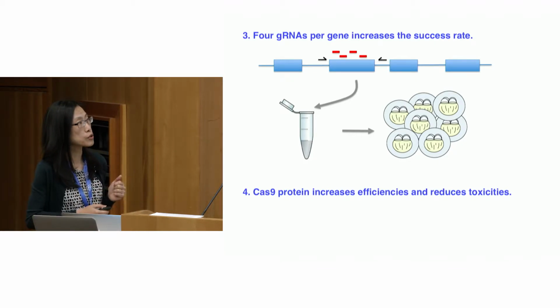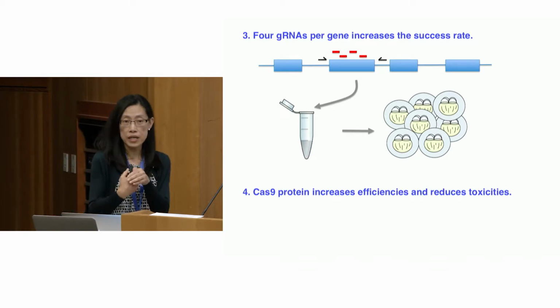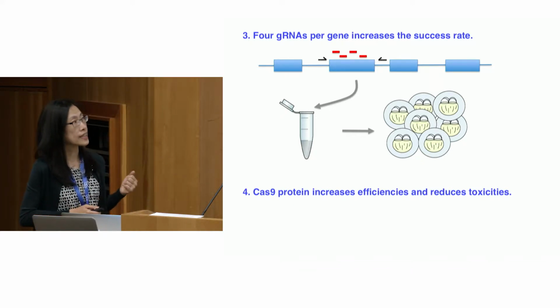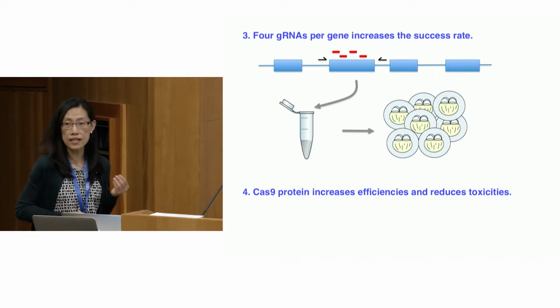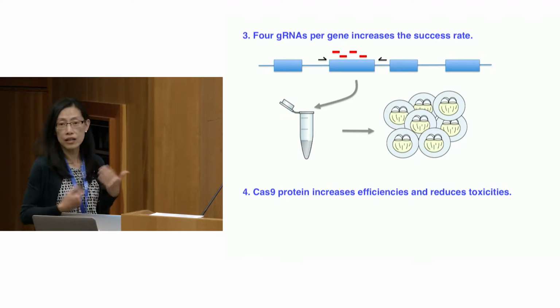We now start to use Cas9 proteins and co-inject this guide RNA protein mixture into embryos because we do find that Cas9 protein injections can not only increase efficiencies, but they also reduce toxicities that might be caused by mRNA injection.